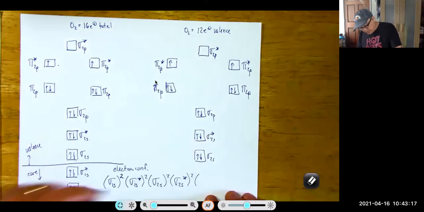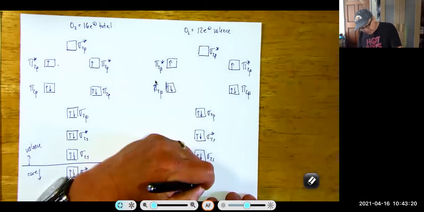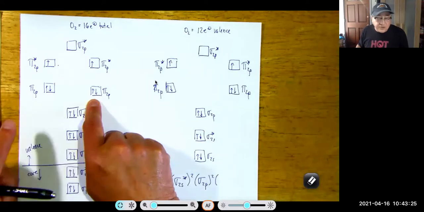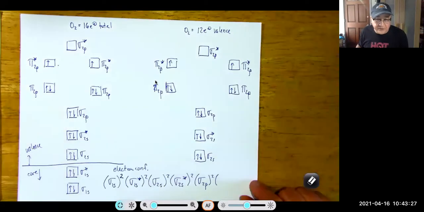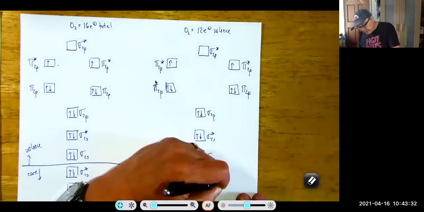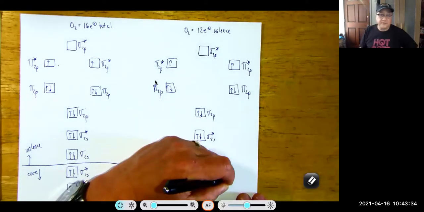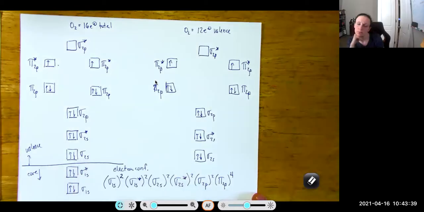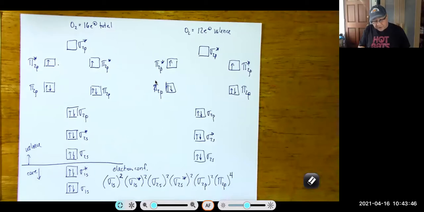Sigma 2p 2. And here, we don't write pi 2p2, pi 2p2. Here we write pi 2p4. So here, you see these two? Yeah. They match. Do you see these two?